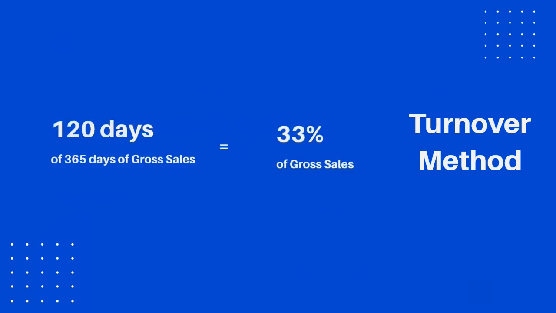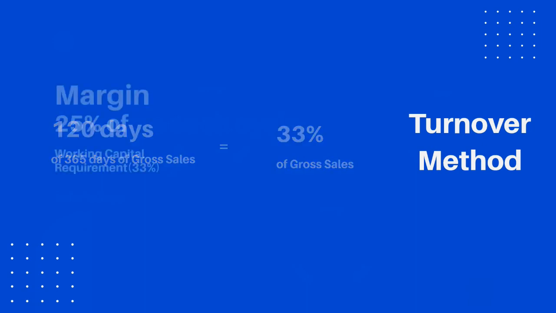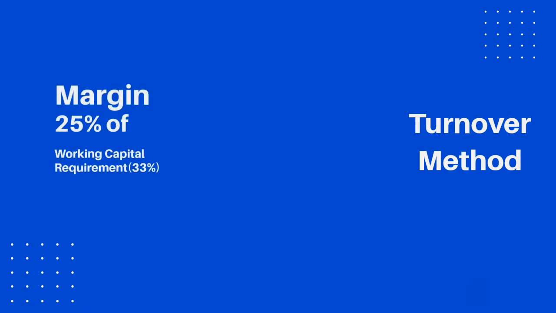Our turnover method flatly takes 33% of gross sales as working capital requirement. It also says margin of the promoter should be 25% of this 33. It comes to 8% of gross sales. So what will happen if you finance a business with shorter or longer operating cycle other than 120 days with this method?